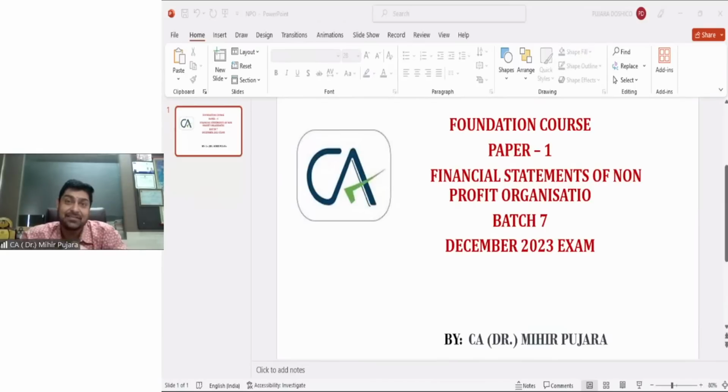Sometimes the institute asks a very interesting question. They will give you INE, that is profit and loss account, and from that you need to prepare receipt and payment account, and balance sheet. So generally, this type of question is asked from the chapter.